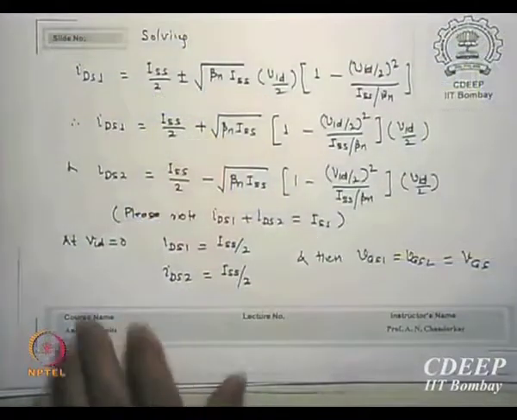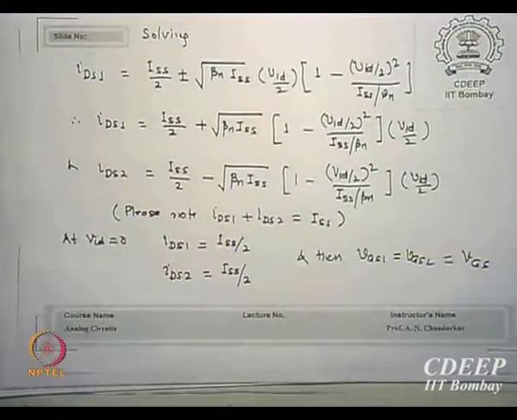If VID is 0, that is this term is 0, I get IDS1 is ISS by 2, IDS2 is ISS by 2. So what is that essentially saying? When there is a common mode signal, or that means there is no AC signal running through, equivalently saying, half the current will go to M1 and half the current will go to M2.